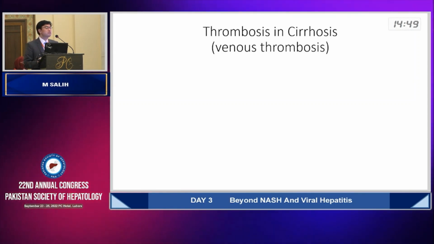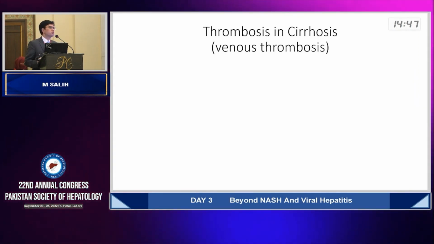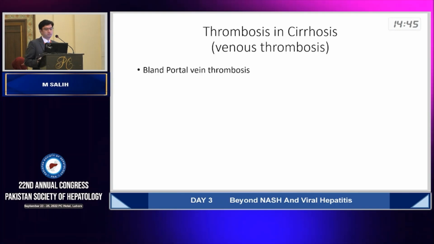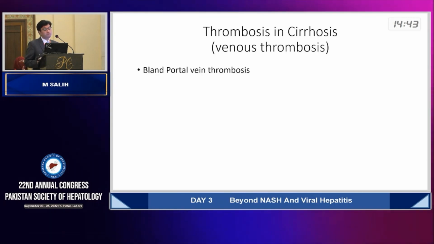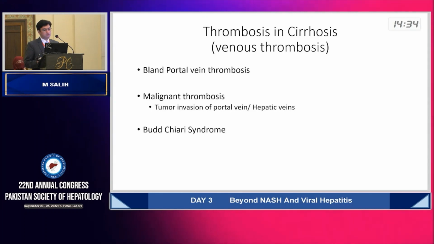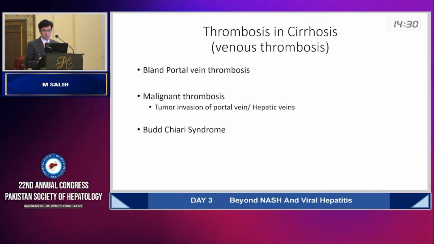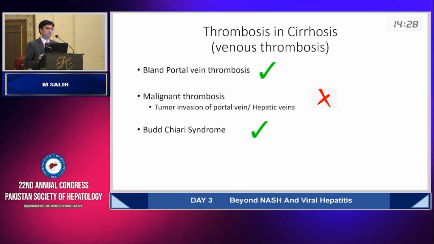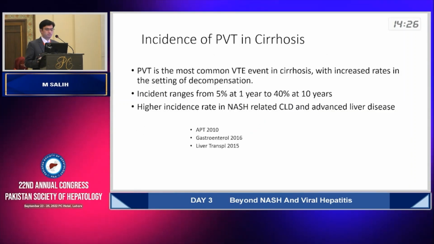Now, we are discussing venous thrombosis in cirrhosis, not arterial thrombosis. So it will be bland portal vein thrombosis. Even malignant thrombosis occurs in cirrhosis if they have hepatocellular carcinoma, and Budd-Chiari syndrome. But we will only be discussing these two, not the malignant one.